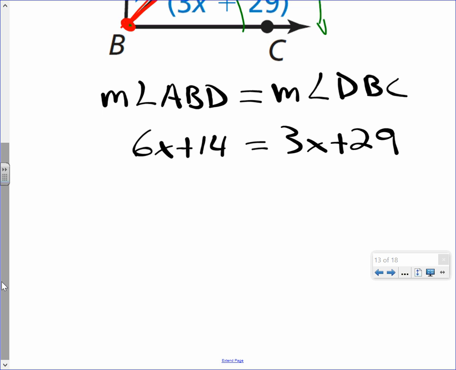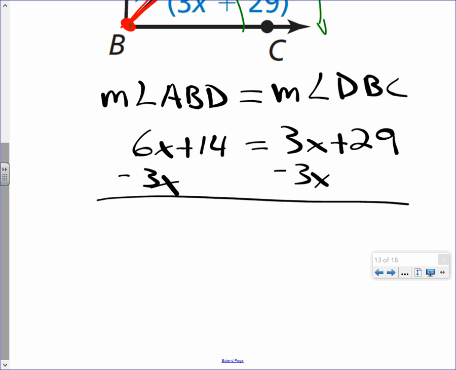Think of Math 1 days. Put it on the other side. Thank you. How though? I've got to do something to both sides logically. Try 3x. Thank you. From both sides. Whatever I do to one side logically, I've got to do to the other. And this is going to end up eliminating the variables on one side and bring it to the left. Then we're in business, because at that point we can start getting x by itself.